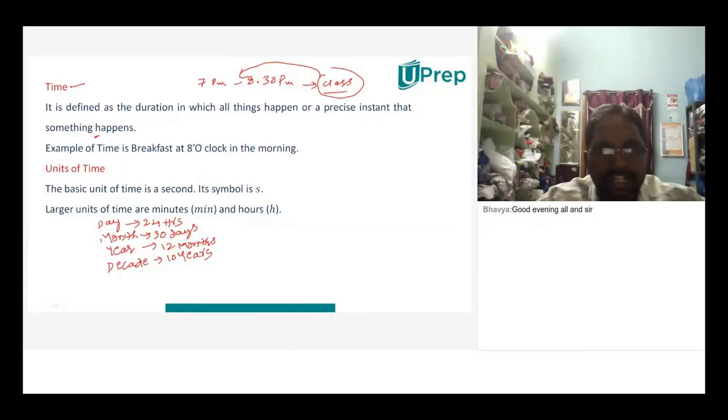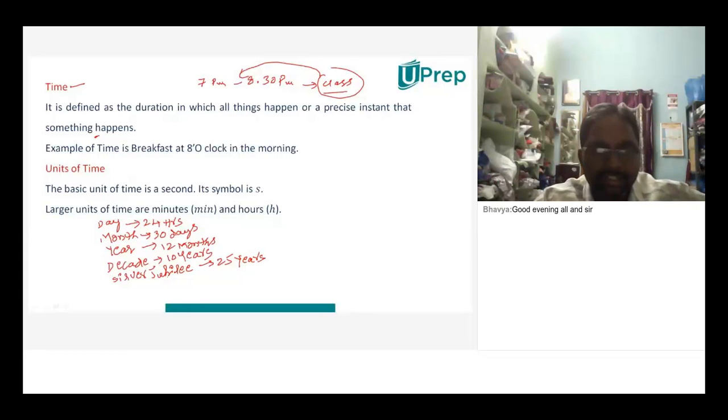After 10 years, what can I take? 1 century. Silver Jubilee. Silver Jubilee means 25 years. Very good, 25 years.